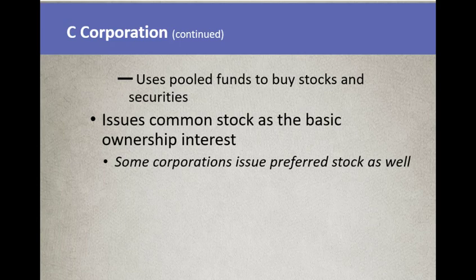An S corporation could be just an extension of a mom and pop, which means you can have a sole proprietorship and turn it into a corporation so you have that corporate shield. And tax-wise, it helps out.